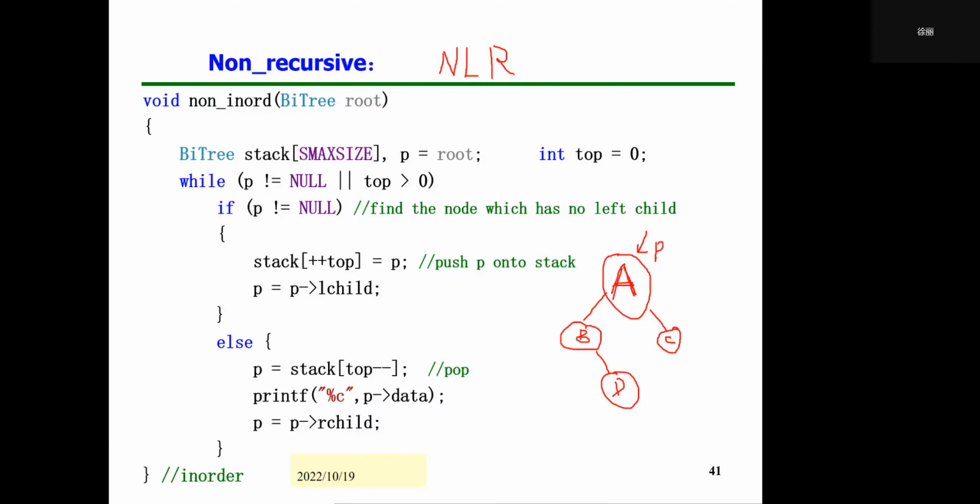So when we start from A, we can visit A now, right? So in this function here, we can write printf, right? Because it's for every subtree, the first node we visit will be the root node.